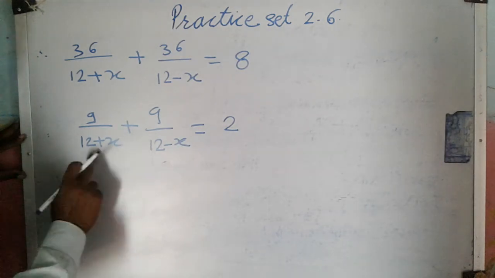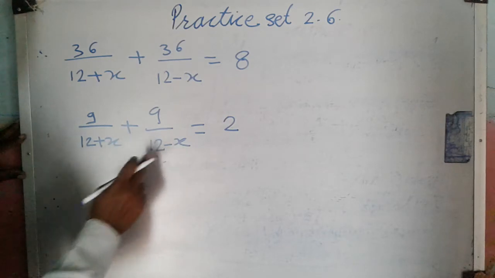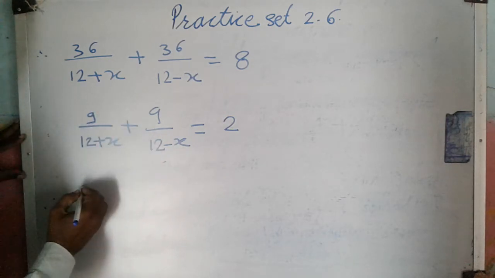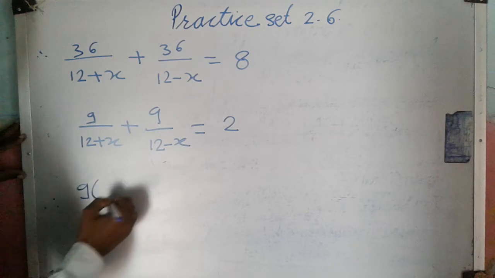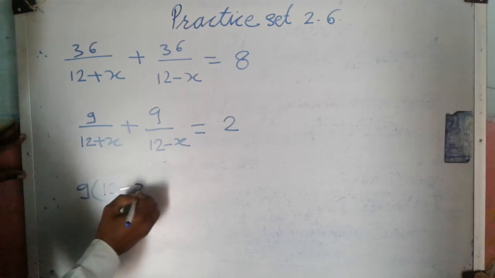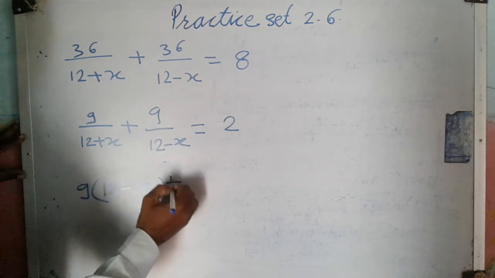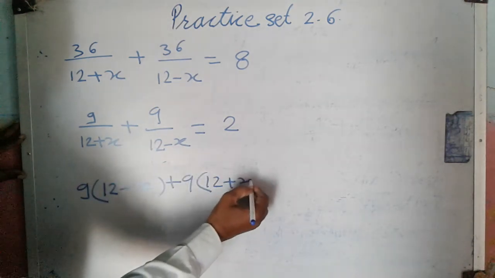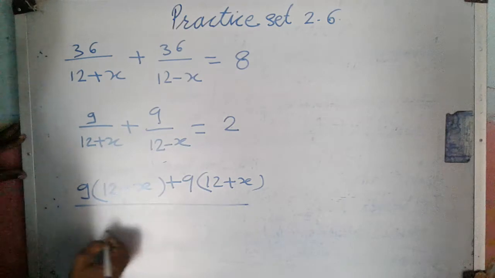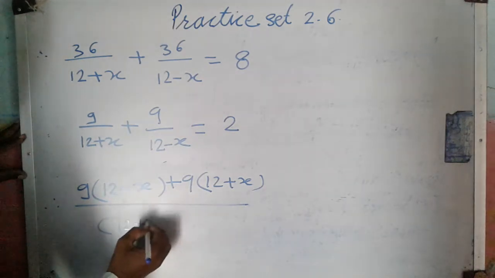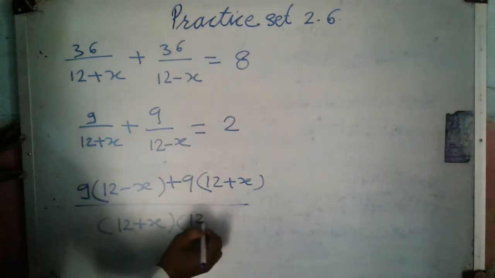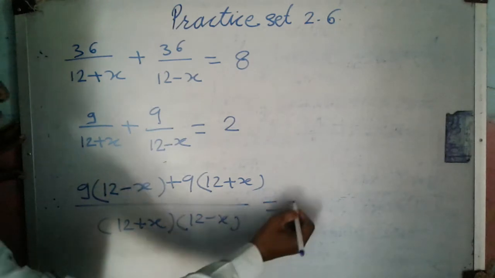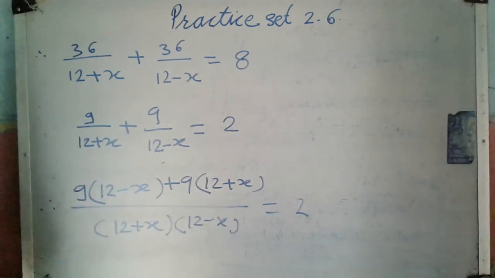By cross multiplication, 9 into bracket 12 minus x plus 9 into bracket 12 plus x upon 12 plus x into bracket 12 minus x is equal to 2.